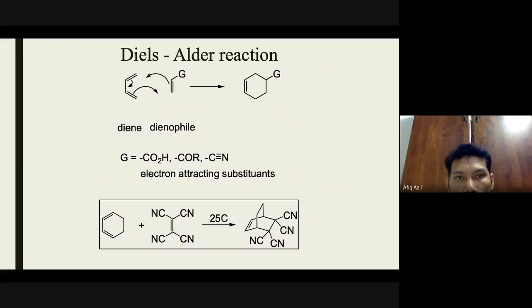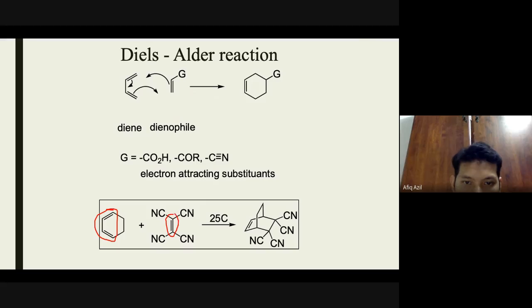So here you have an example of a diene. This is originally the diene, but the diene itself is actually in a cyclic form. But remember, when you are dealing with the Diels-Alder reaction, always focus on the diene and the dienophile, which is this one.